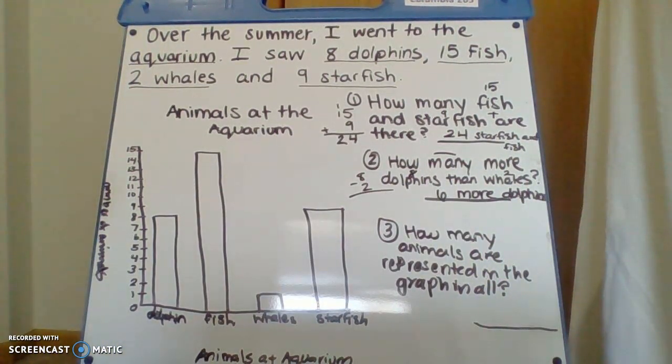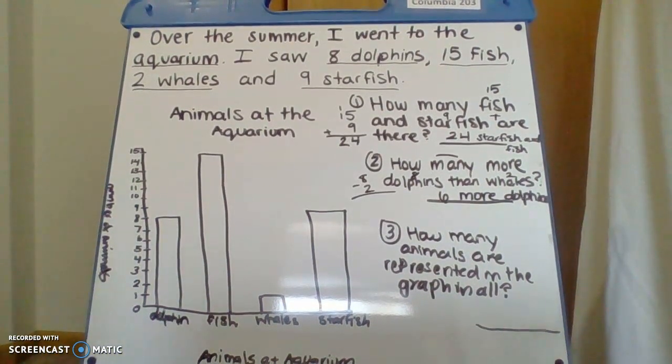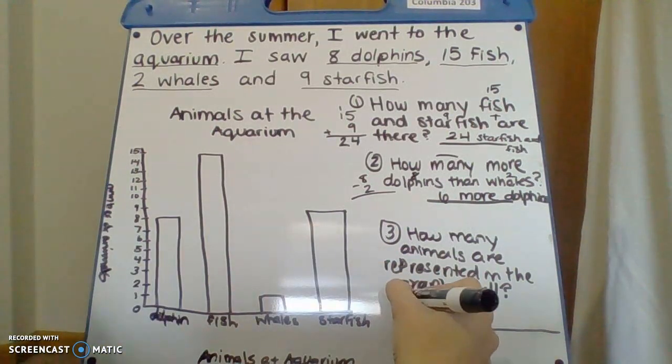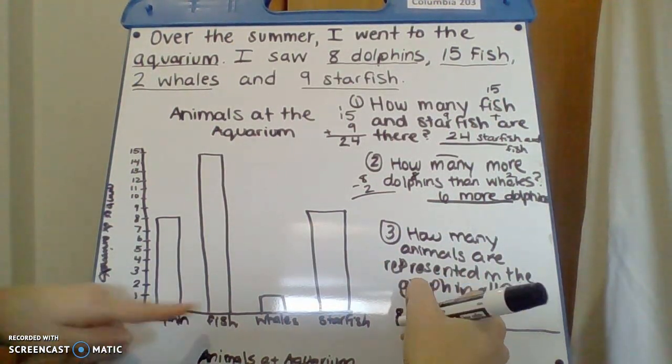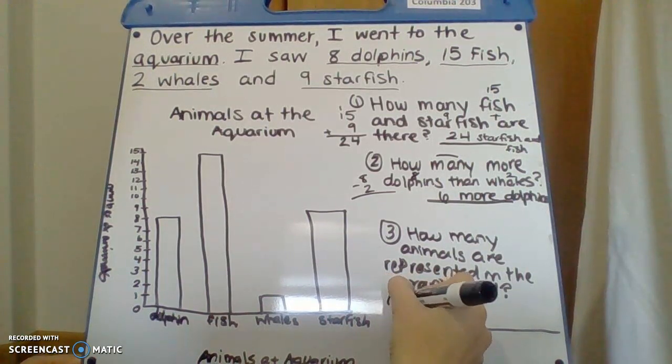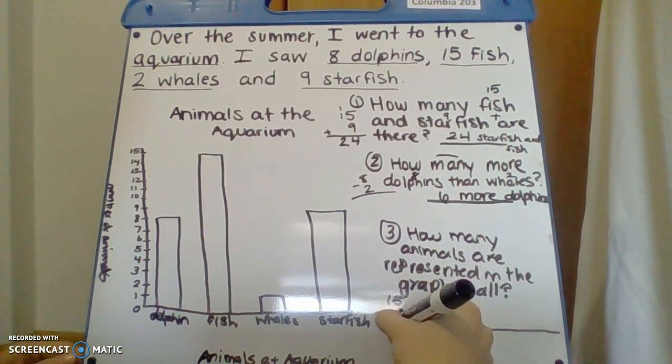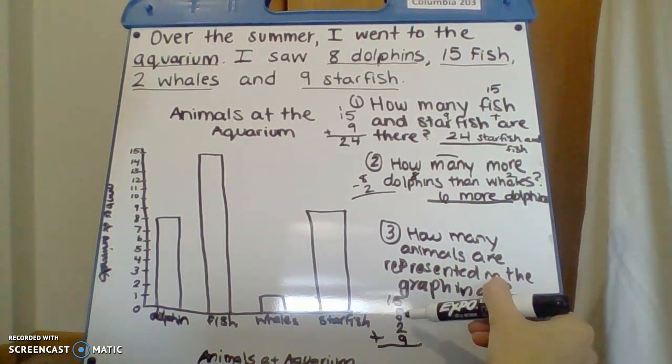Oops, I didn't draw a line for this one. It says how many animals are represented in the graph in all? How many animals in the graph in all? So you're going to just go, and I would write them down to help you. So we have 8 dolphins, 15 fish, 2 whales and 9 starfish. 8 plus 2, if you want to find those benchmark numbers, so the closest to 10, so 8 plus 2 is going to give you 10.